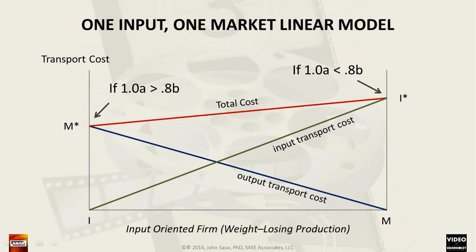If 1.0A equals 0.8B, then the winery would be indifferent as to its location because any point between the vineyard and the market would suffice. This could only occur if the grape rate equals 80% of the wine rate, or conversely, the wine rate equals 125% of the grape rate.